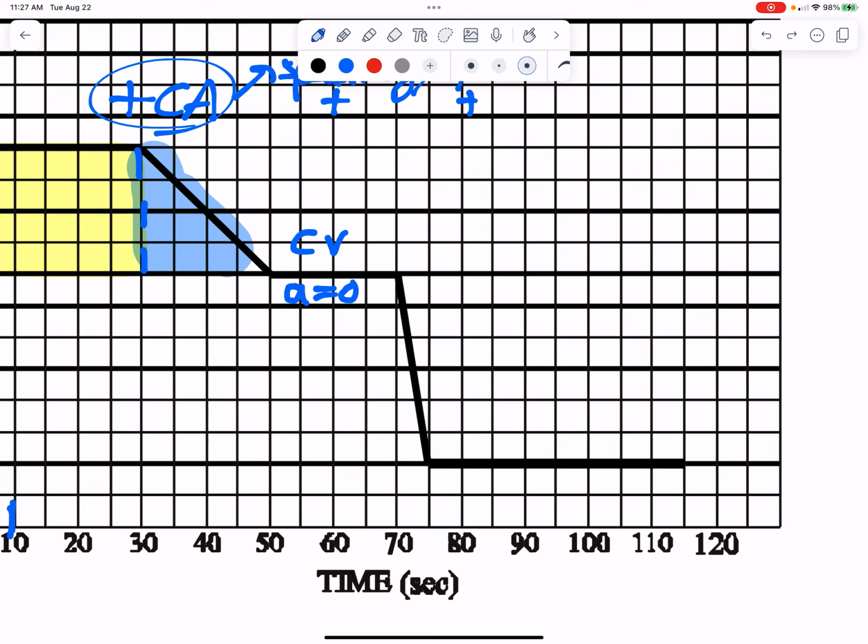This negative acceleration could mean you're slowing down going forward, because slowing down is negative and forward is positive. Together they give you negative acceleration. Or you're speeding up going backward.